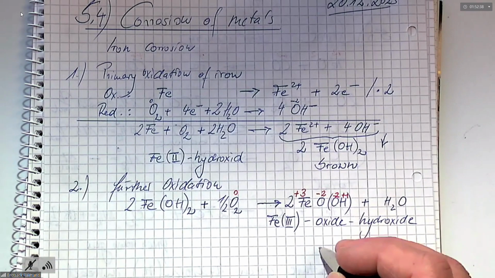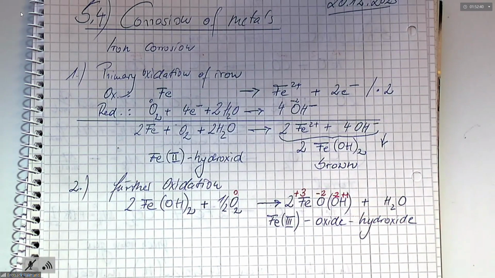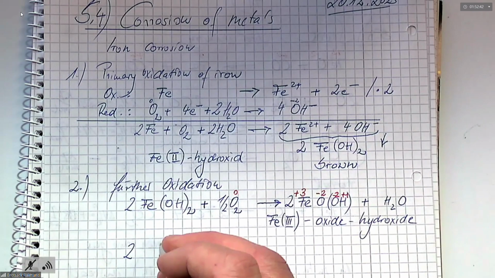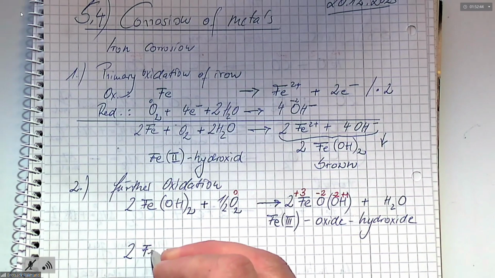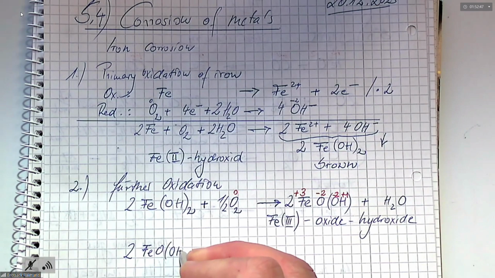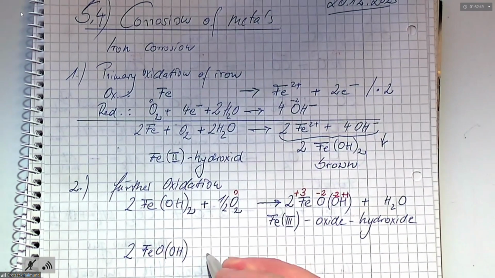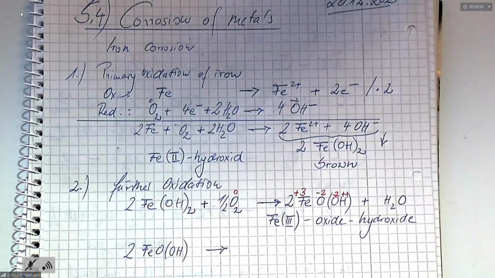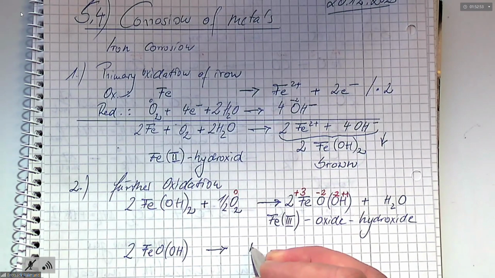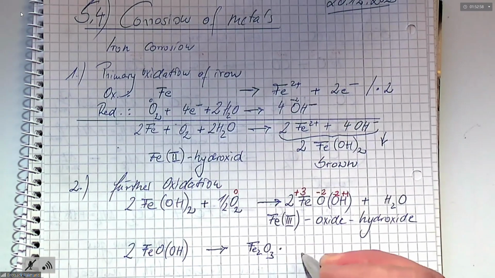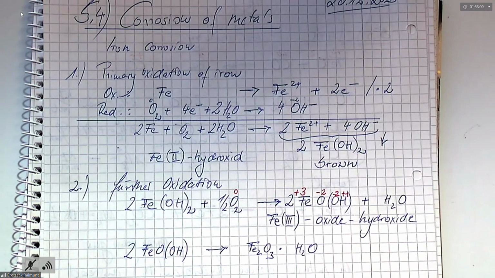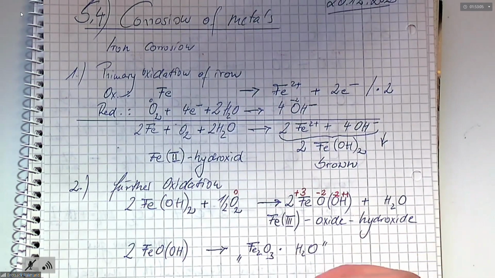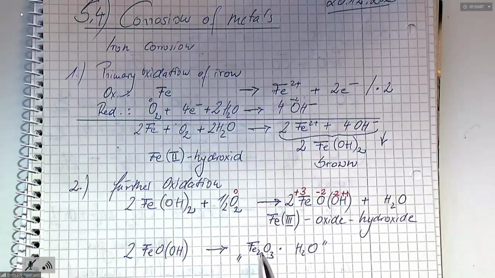Because this one now, the 2 iron oxide hydroxide, they can be transformed into what you're talking about, Fe2O3 times water, crystal water, which is related to that. And this is now what we call rust, or the red brown rust.